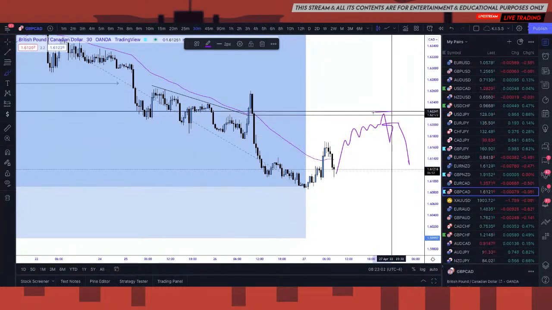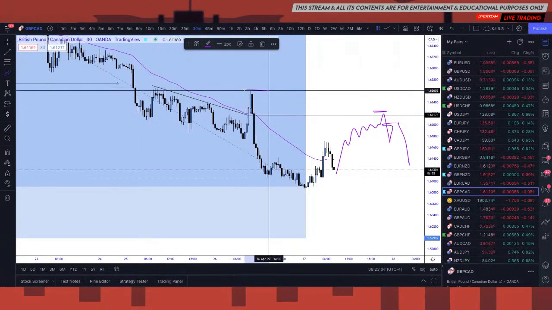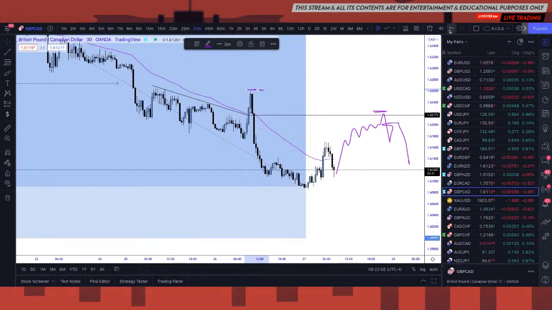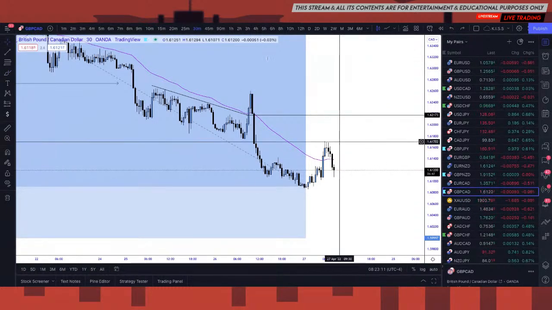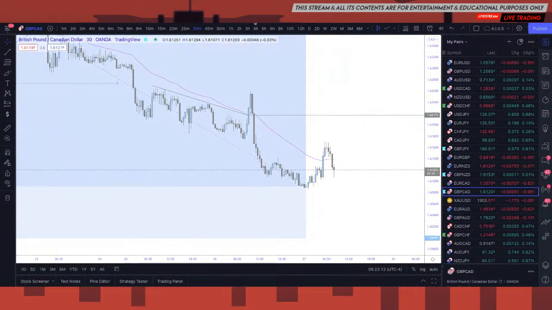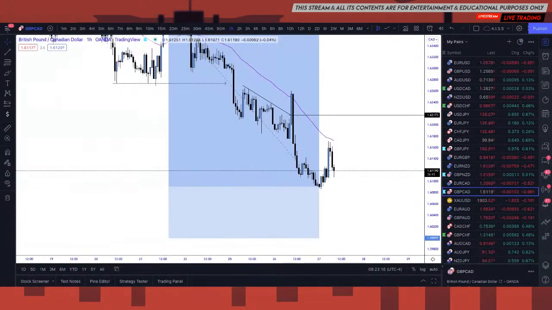Then you can have a tighter stop, right? You wouldn't have to place your stop above this high. So good job. I agree with you on the GCAD sells. See what other people are looking at.